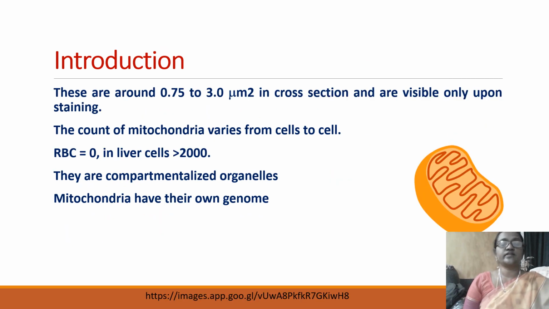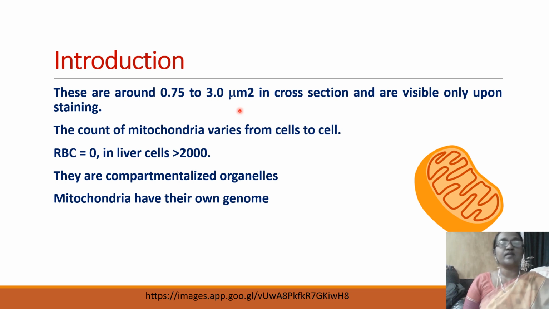These mitochondria have a cross section of around 0.75 to 3.0 micrometer squared, and they are visible only upon staining and not visible to the naked eye. The count also varies from cell to cell.